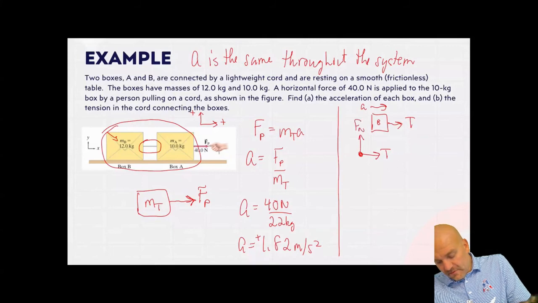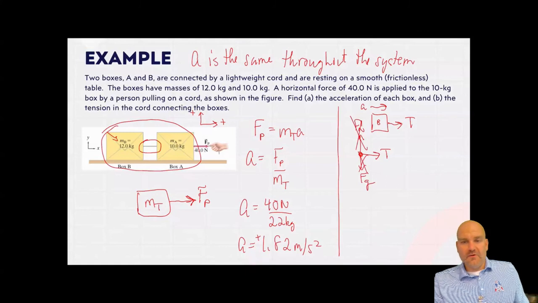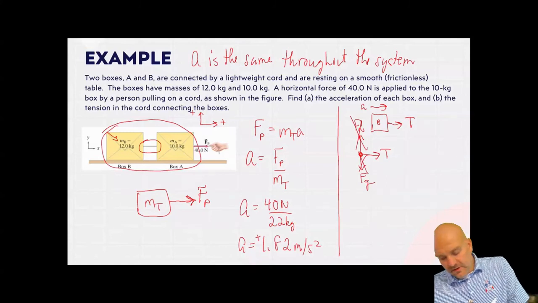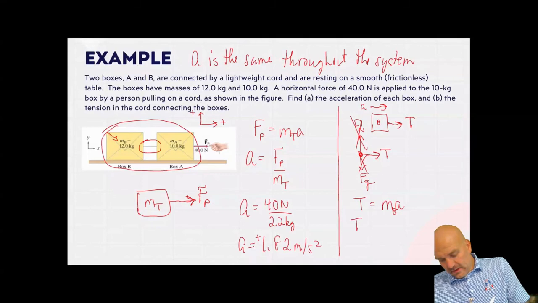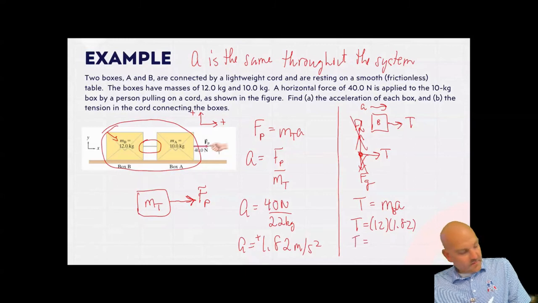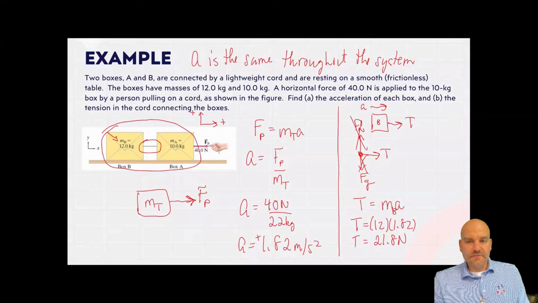I would also have normal force up and weight down, but these I'm not worried about because I'm not worried about anything to do with friction. That's later in a couple videos. So it's going to be tension equals M times A, the mass of box B, so tension is going to be 12 times 1.82, and so that's going to be 21.8 newtons.